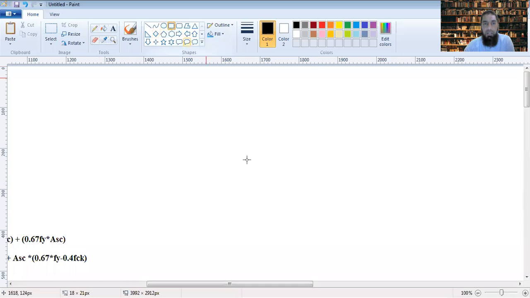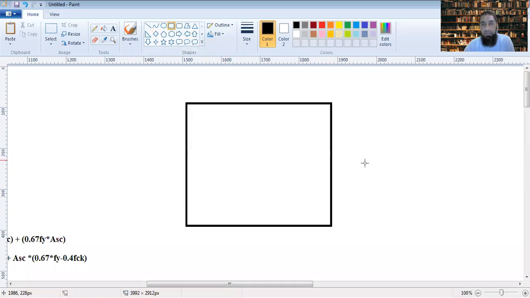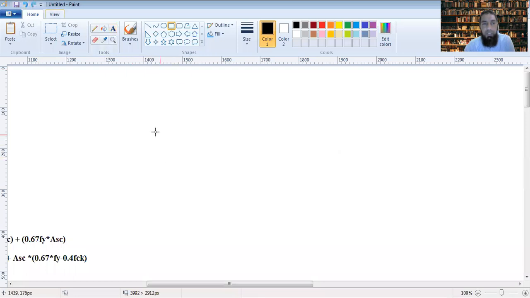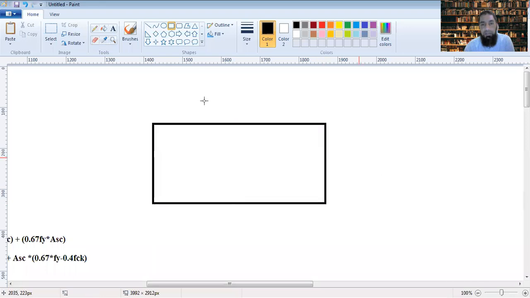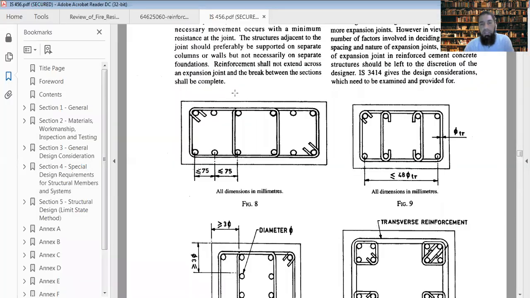Next, if you have a column like this, not like this, and like this, in that case, when you have one side much greater than the other side, now you have a lot of options like you have been given here in this code.